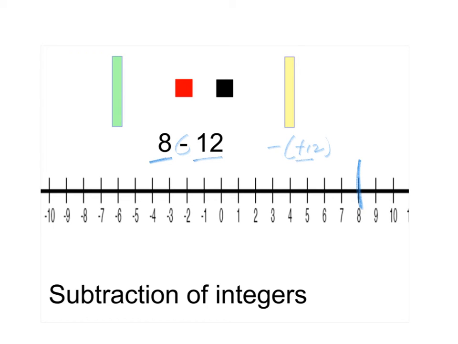So we're going to go to the left 1, 2, 3, 4, 5, 6, 7, 8, 9, 10, 11, 12. So we draw a directional arrow. And we wound up at negative 4. So 8 minus 12 equals negative 4. Notice again, when we're taking away heat, when we're subtracting a positive, we go to the left.